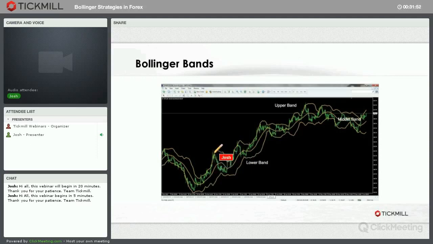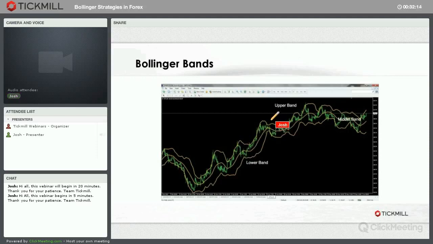So if you have Bollinger Bands that are very far apart from each other, then it means there's a lot of volatility in the market. If you have bands that are very tightly together, like you see here, that means there is consensus in the market, generally speaking, and that the price is probably headed in either flat, either up or down.